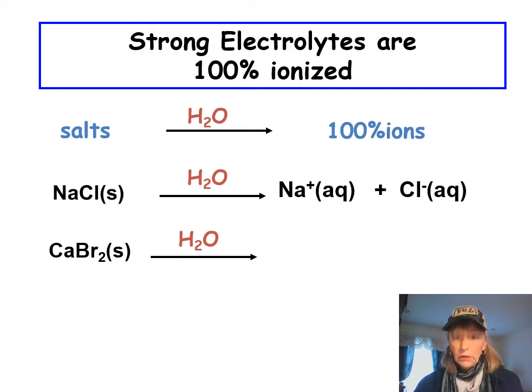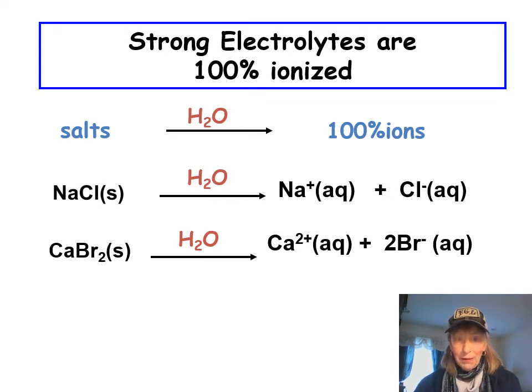Watch the difference. Calcium plus 2 aq, because that's what this is here. And bromide, Br minus aq, totally surrounded. But I have in my equation 2 of them. Why? This is a chemical reaction.